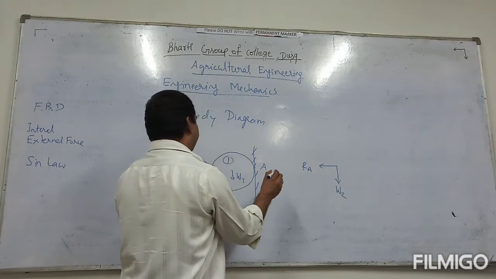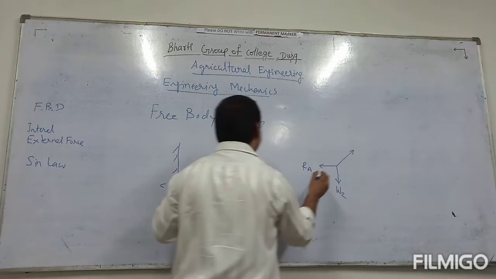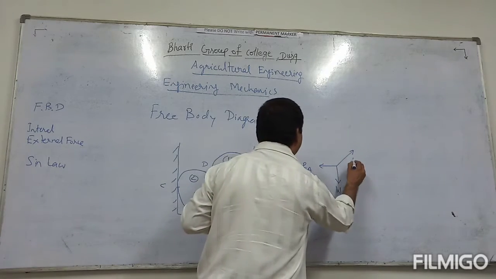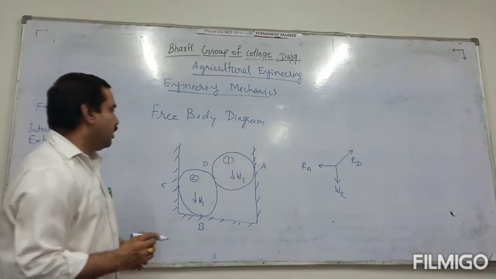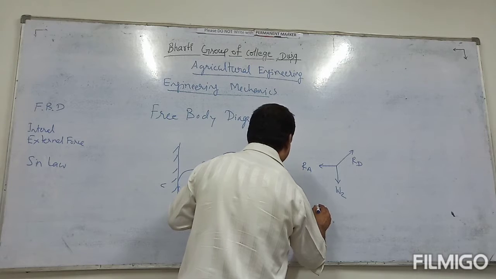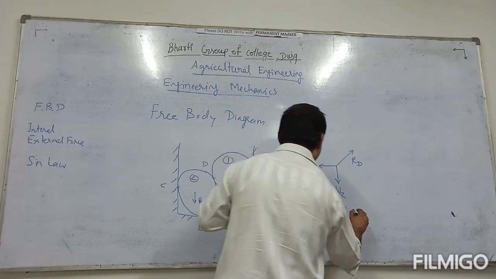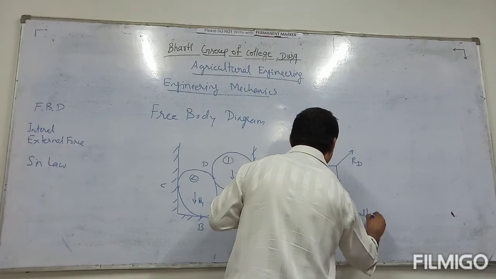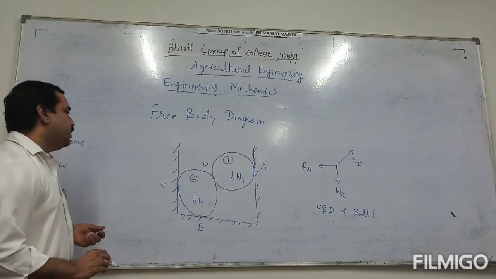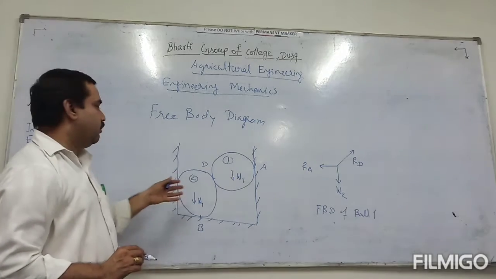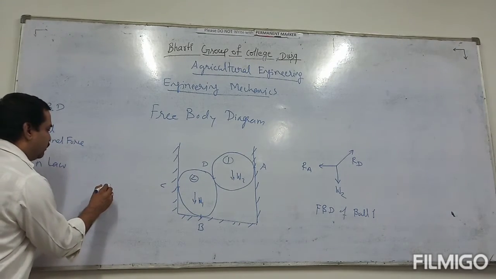So on ball 1, the reaction from ball 2 is RD. This is the free body diagram of ball 1.